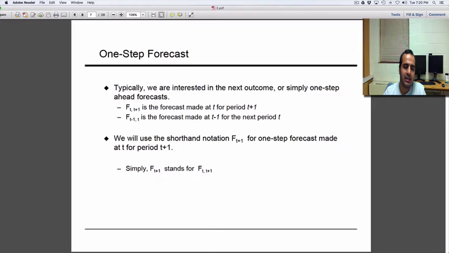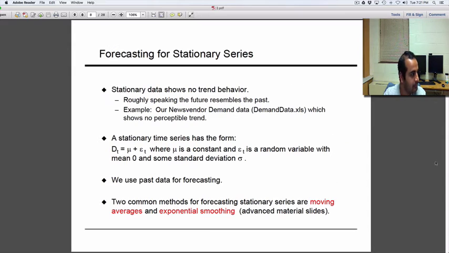Again, we are assuming that we are forecasting for a stationary series. What that means is the future resembles the past. An example is our newsvendor demand data. If you look at the newsvendor demand data file, it shows no perceptible trend. So a stationary time series has the following form.